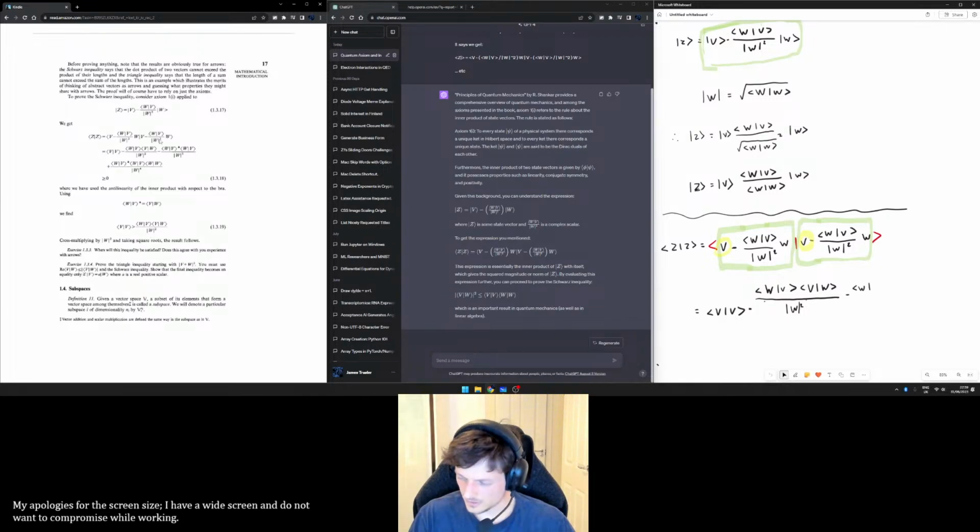W V conjugate multiplied by W V over W squared.